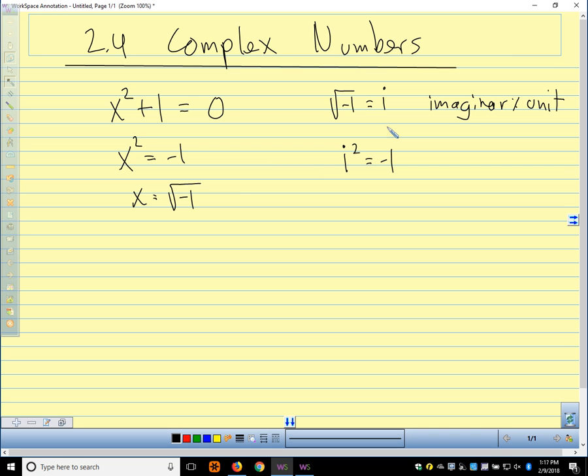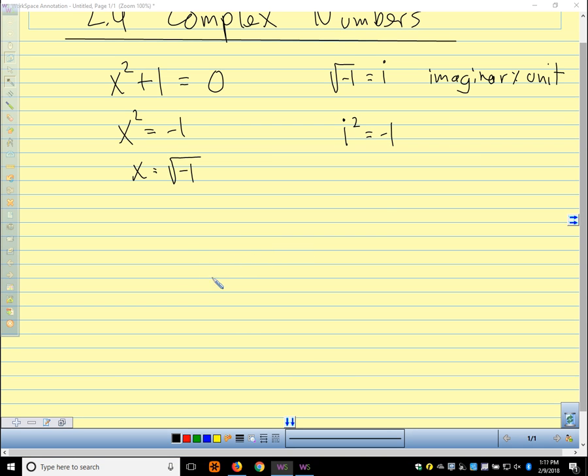So what we're going to do today is talk about some properties of complex numbers, and we will not have to use trig form. I know that's going to make all of you very sad. A complex number, with imaginary unit i, is a number in the form a plus bi, where a and b are real numbers.